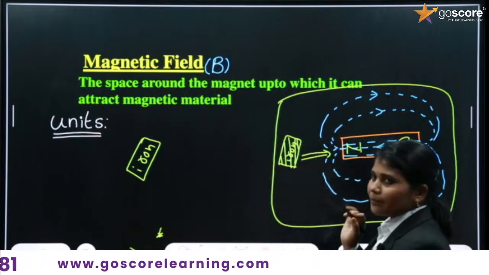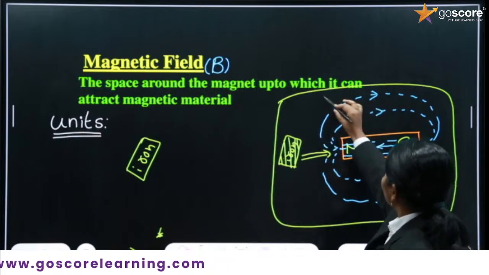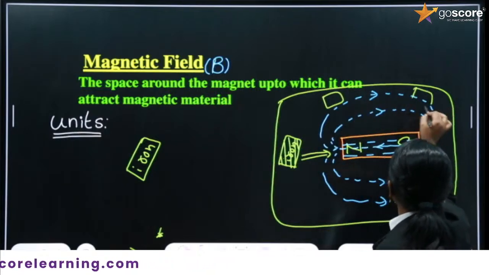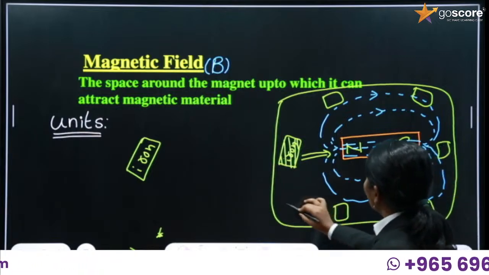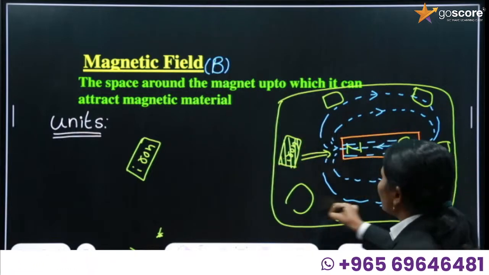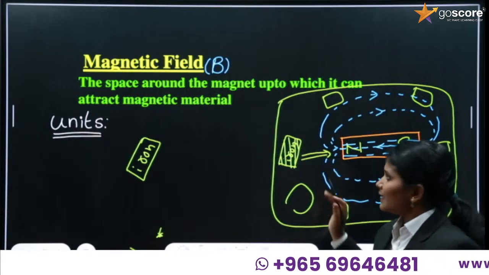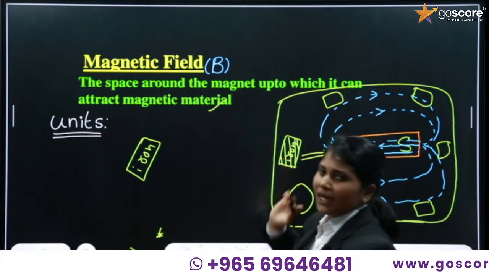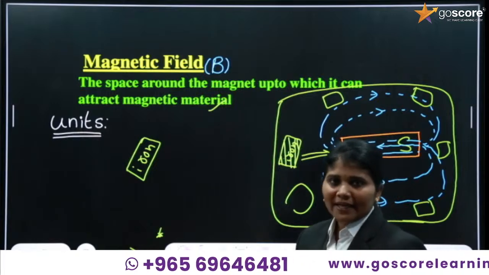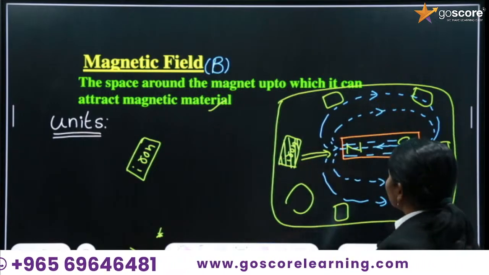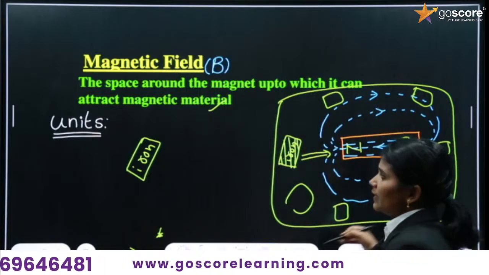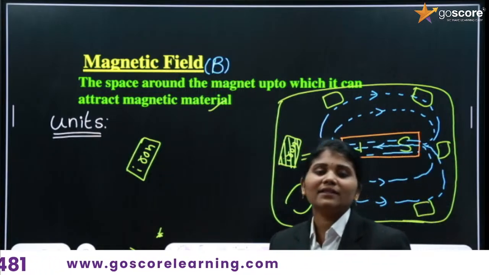In this particular area, wherever the iron piece is, it will be attracted, because magnetism is there only up to a certain area. This total area of magnetic lines we call a magnetic field.